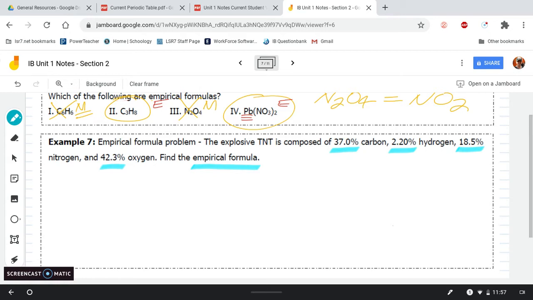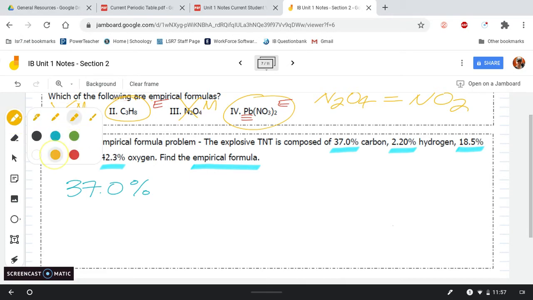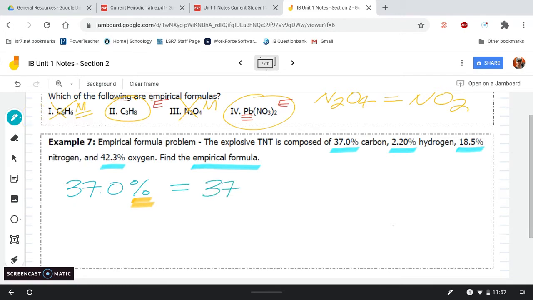The first thing we're going to do is, the percentages are out of 100, so we're just going to assume that they are the same as grams. 37% is always a problem for students, but it's out of 100. So we can just eliminate the percentage sign and replace it with grams. So 37% is going to be the same as 37 grams. No conversion, you just swap out the unit.